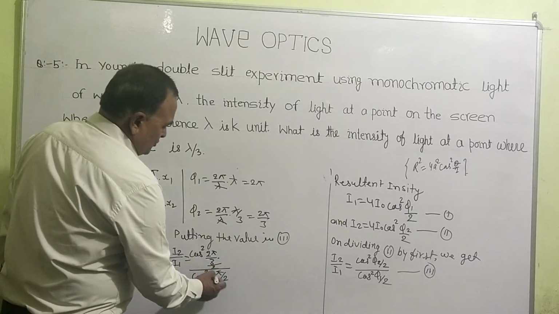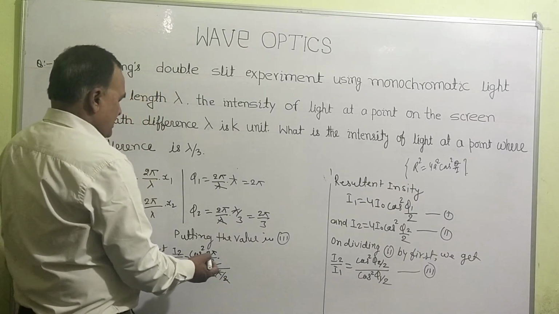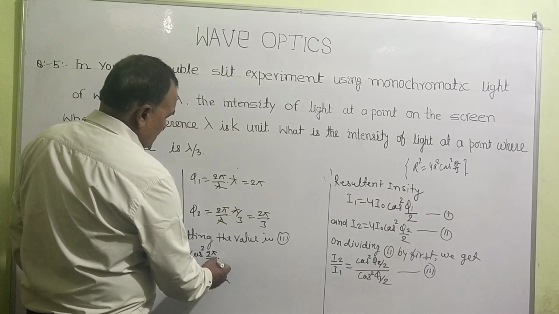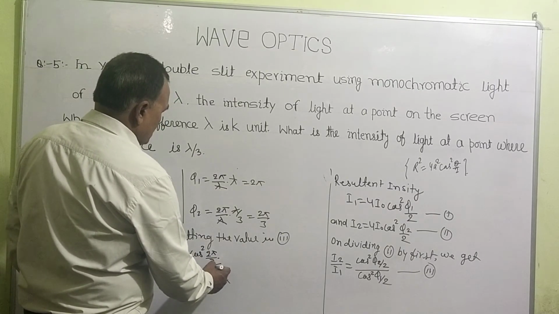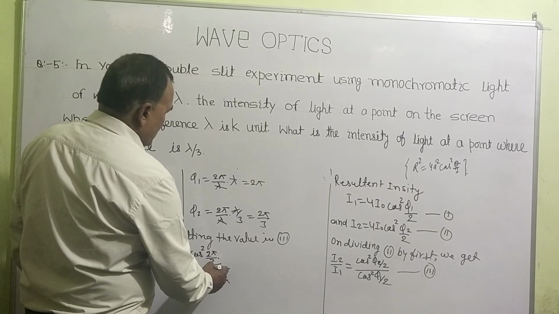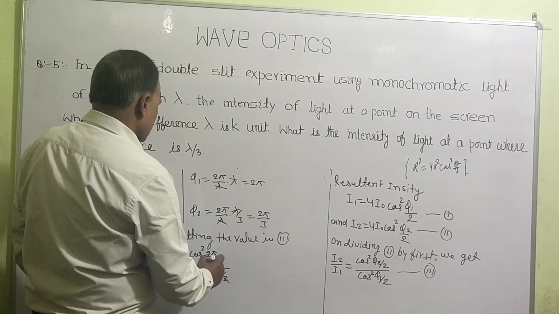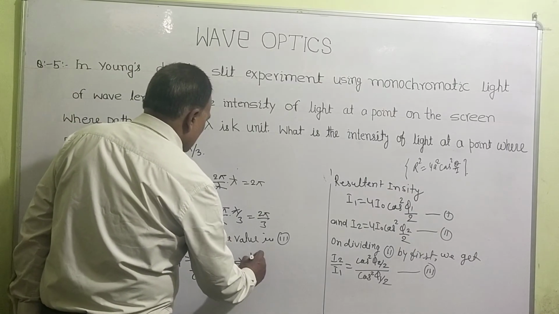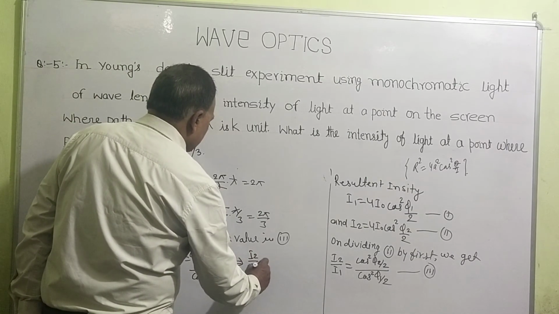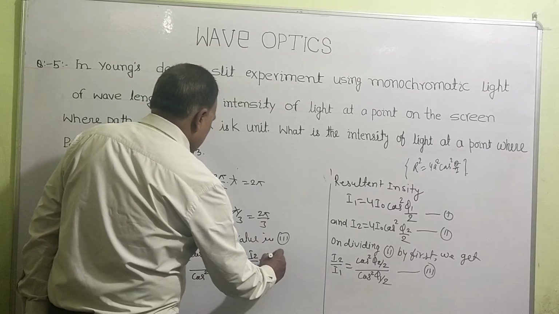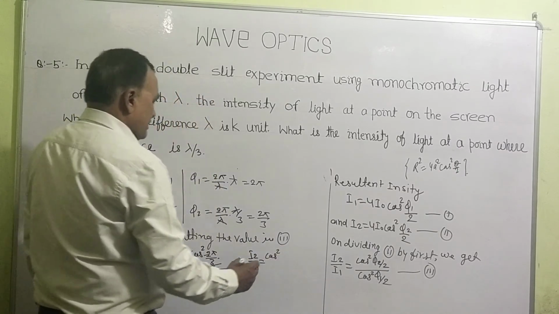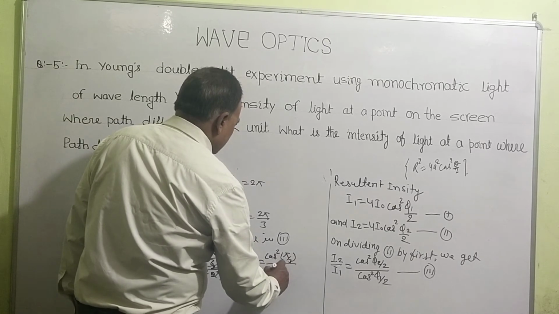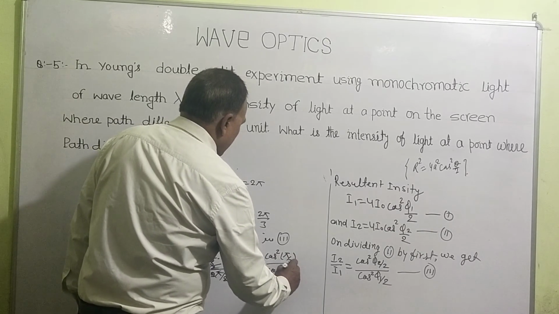The 2 and 2 cancel, so we get pi by 3 and pi. That is I2 by I1 is equal to cos square pi by 3 by cos square pi.